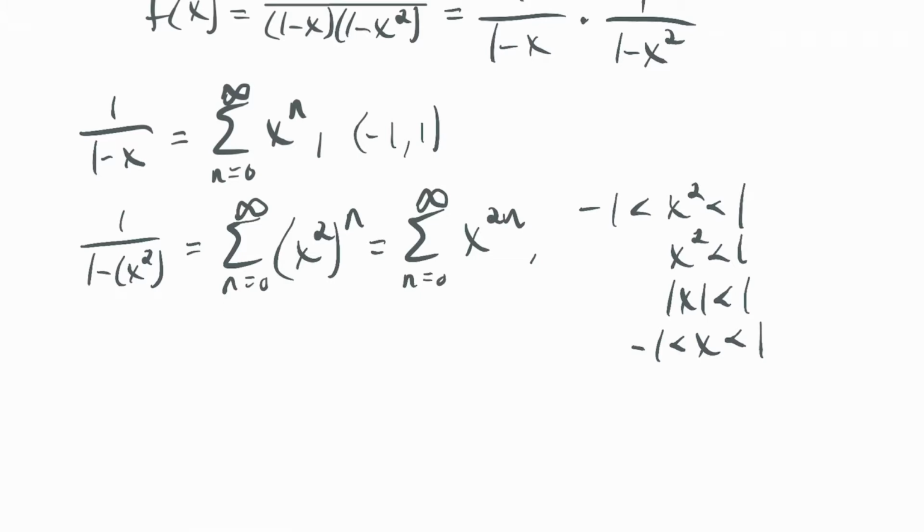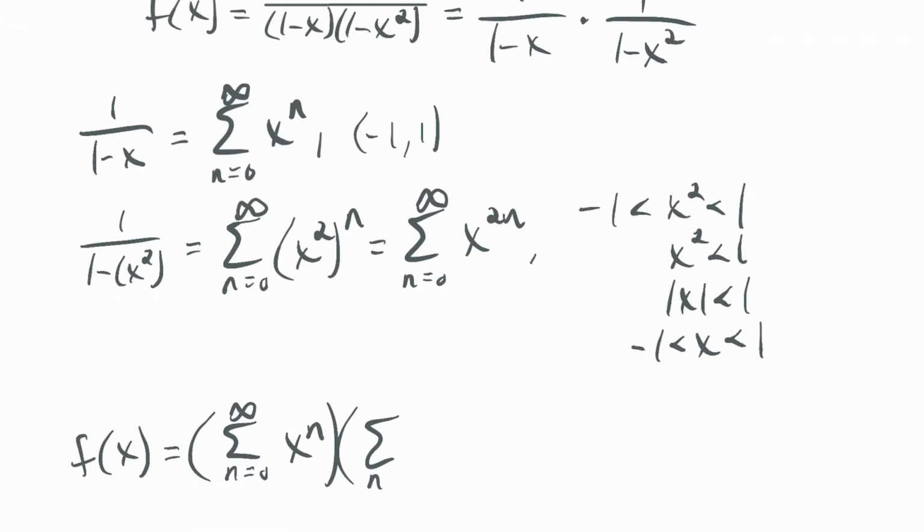So I want their product. So f will be the product: series n goes from 0 to infinity of x to the n power, times series n goes from 0 to infinity of x to the 2n power. Okay.